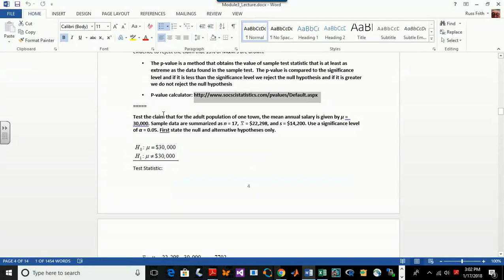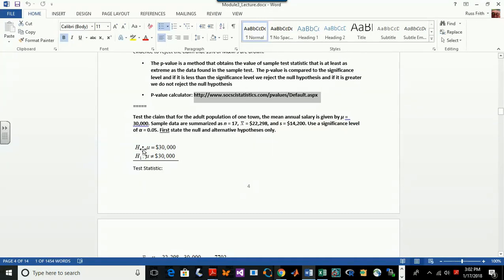Test the claim that for the adult population of one town, the mean annual salary is $30,000. The sample data: sample size is 17, sample average is 22,298, and the sample standard deviation is 14.2. Use the significance level of 0.05.